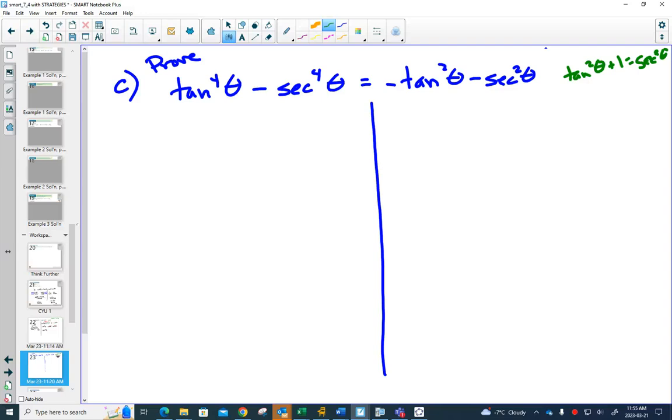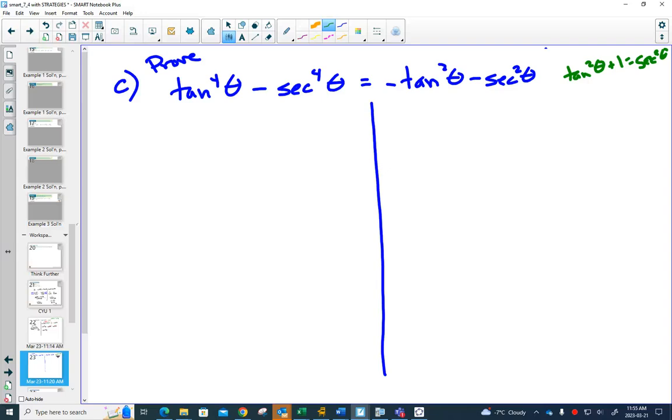If I change to sine and cos, it'll probably be a lot longer, and that on our formula sheet, tan squared theta plus 1 is secant squared, there's a relationship between tan and secant, is telling me that I should probably not change things to sine and cos yet. See if there's other strategies.